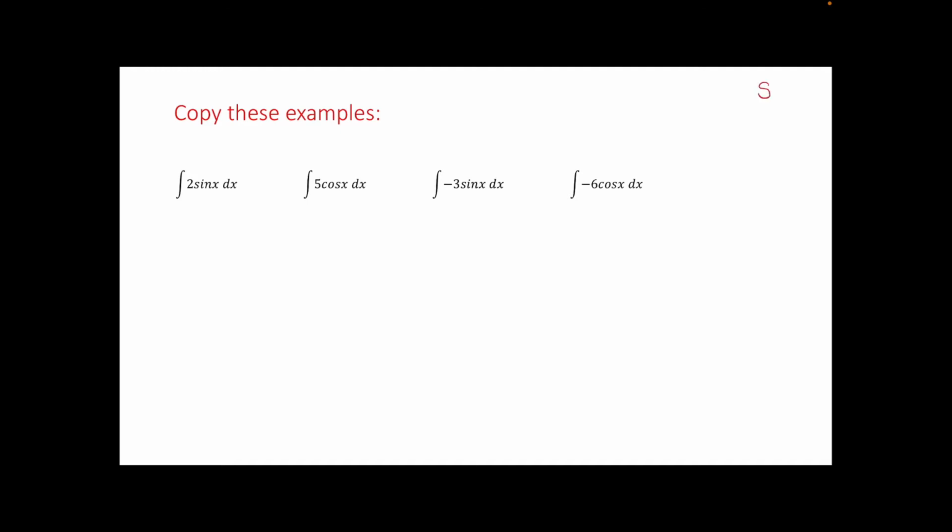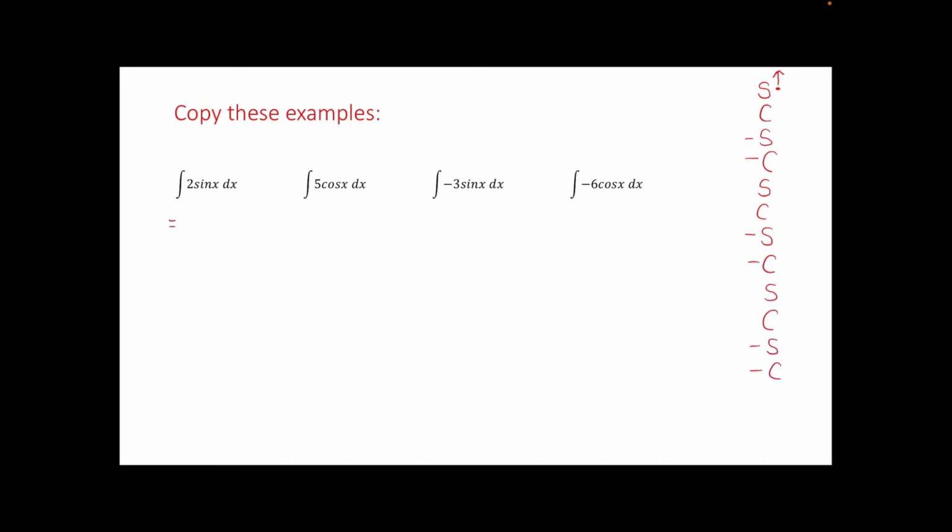I'm going to set myself up with my Snapchat at the side. Looking at this first example, I've got 2 sin x dx. If I'm starting at sine and I integrate, I increase, I go up the way. Remember that this is actually continuous, so if I wanted to, I could keep going and just keep writing out my Snapchat.